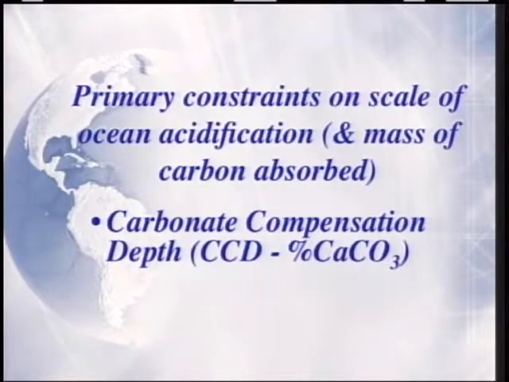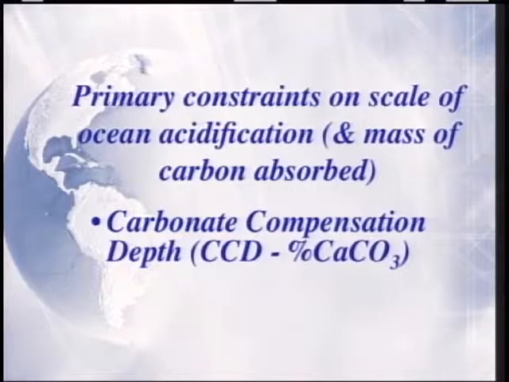And it turns out that one of the primary constraints on the scale of ocean acidification, if you wanted to gauge to what extent the ocean became acidified and how much carbon it had absorbed, you'd want to reconstruct the changes in the ocean's carbonate compensation depth, or what we call the CCD.